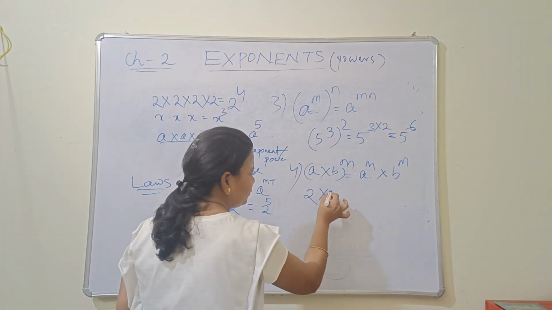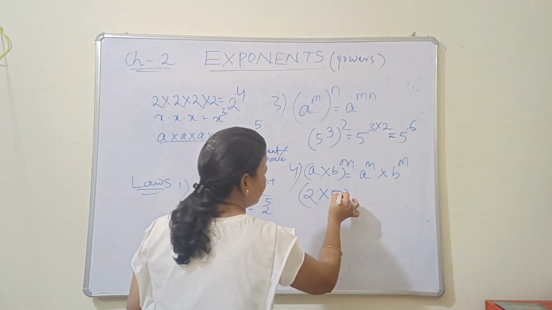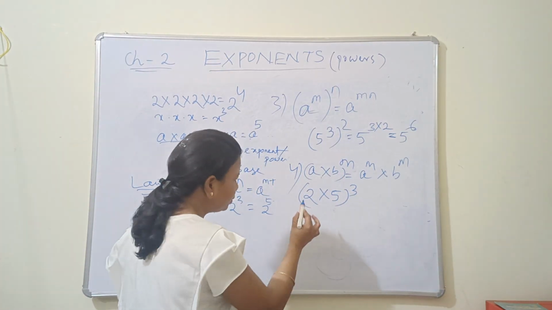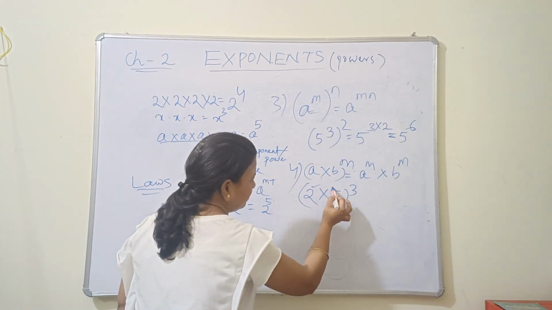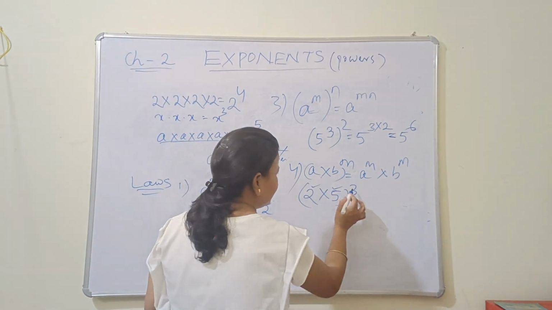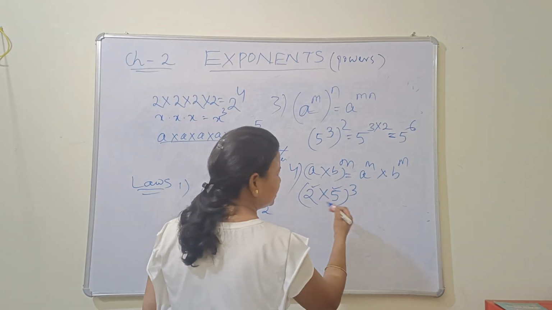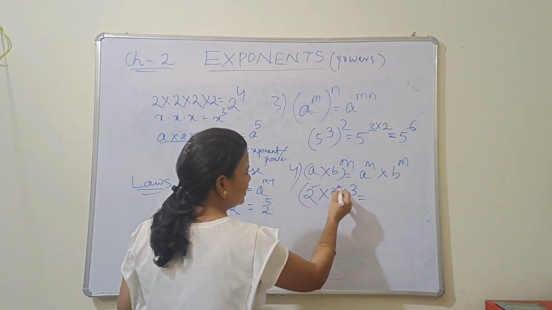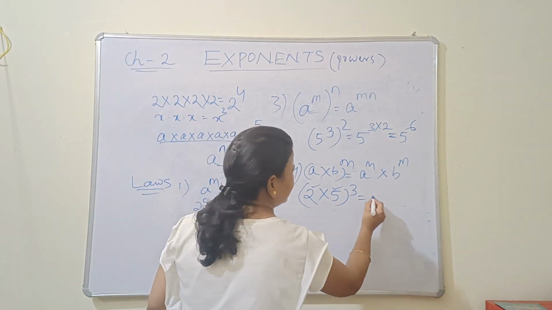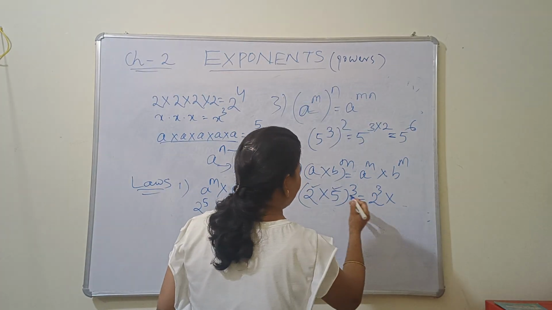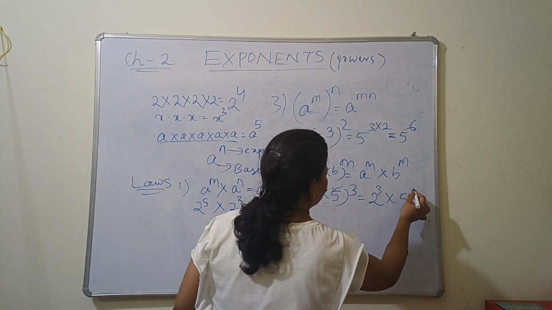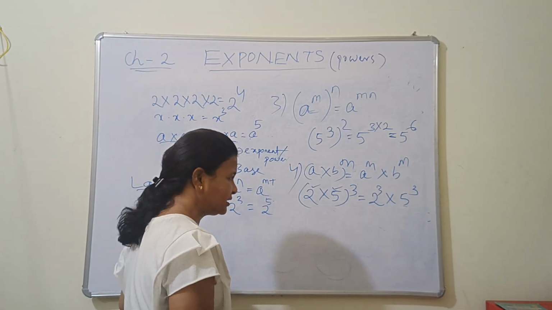Suppose 2 into 5 whole to the power 3. 2 is a different number, 5 is a different number. They are multiplied and their common power is 3. We can split it as 2 to the power 3 multiplied by 5 to the power 3.